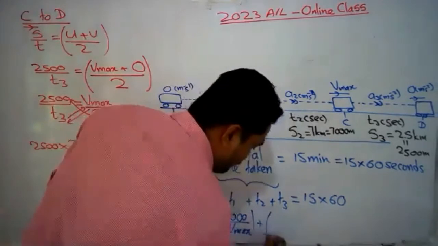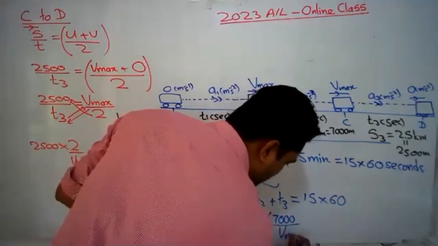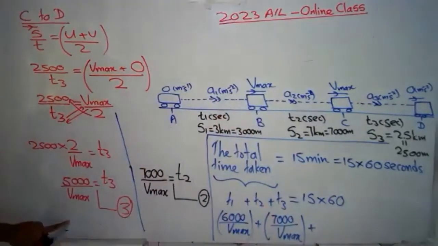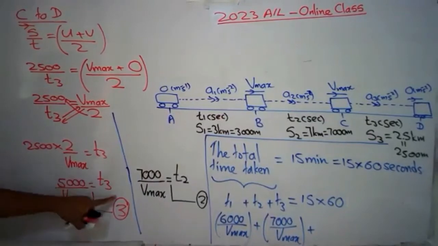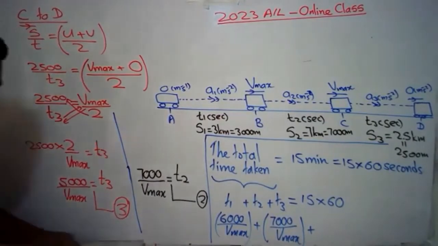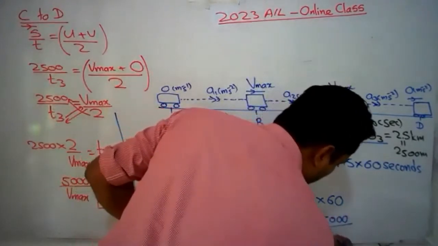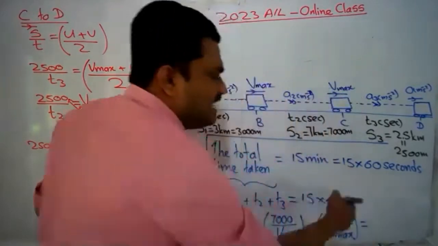So in the place of T2, I write 7000 over Vmax. In the place of T3, according to the third equation, T3 is 5000 over Vmax, equals 15 into 60.